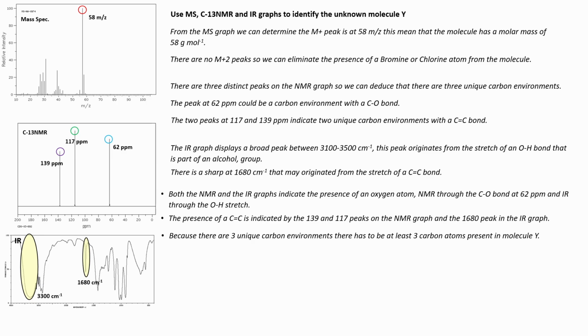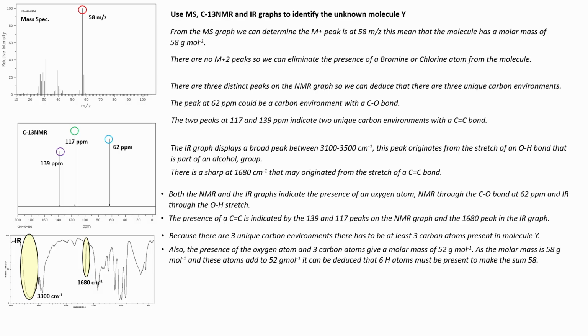Now, because I know that there are at least three carbons and I know that there is one oxygen, I can add those up. Three carbons is 36, plus one oxygen, 16, equals 52.